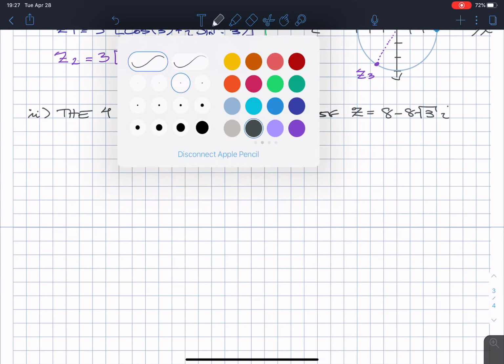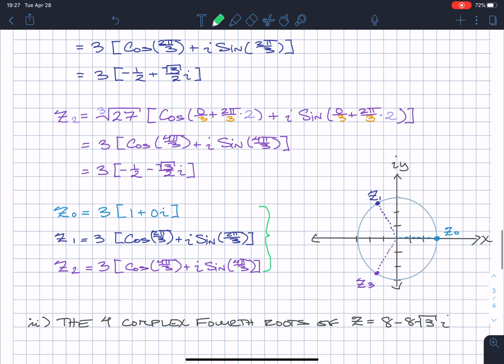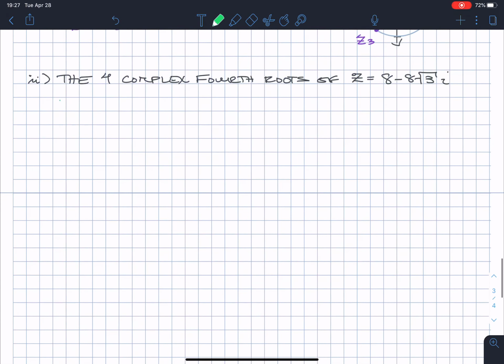Okay, so what color shall I use? Yeah, I'll use green for this one. So z is 8 minus 8 root 3 times i. So if I factor out a 16, what I'll get is 1/2 minus root 3 over 2 times i.